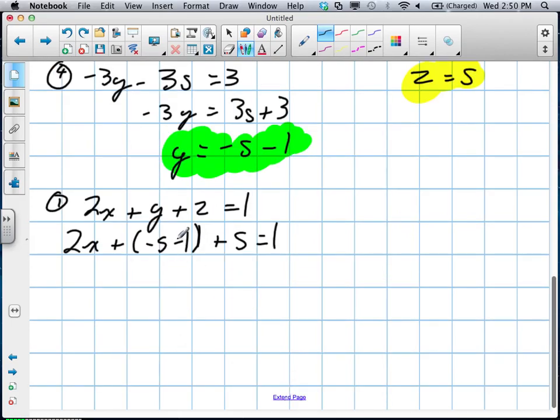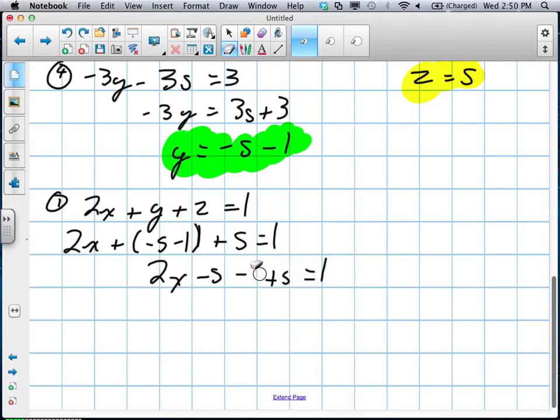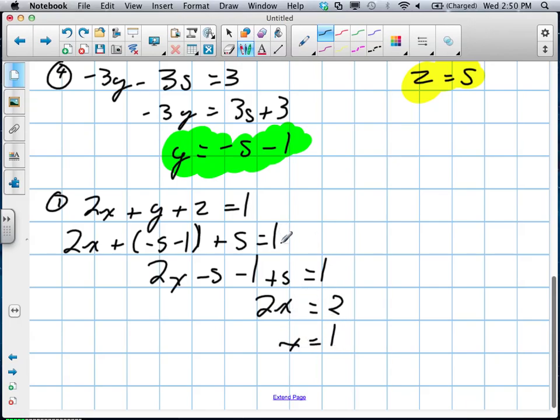So I can now find x as a function of s here. 2x minus s minus 1 plus s equals 1. Whoa, I wrote too many s's there. That's a -1. When that 1 goes to the other side, it becomes 2. The s's cancel out. We have 2x equals 2, so x is equal to 1 in this case. Right? Yeah, it is. So our third parameter for this question, x equals 1.